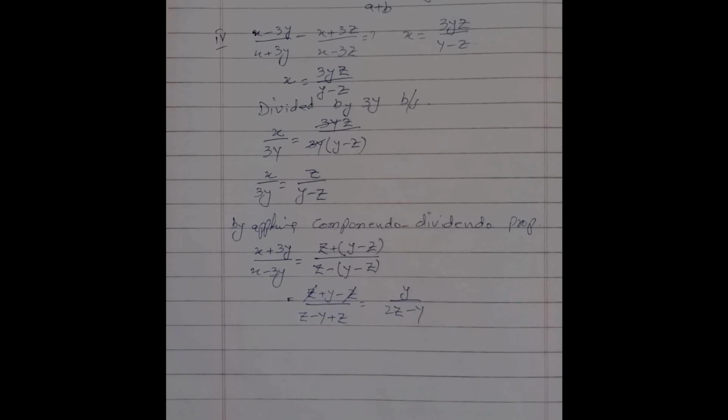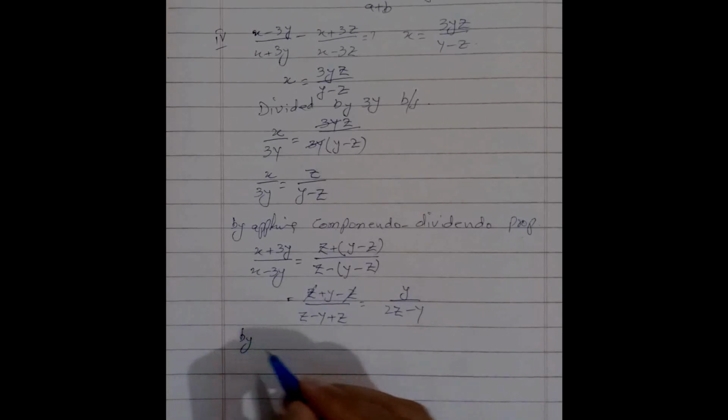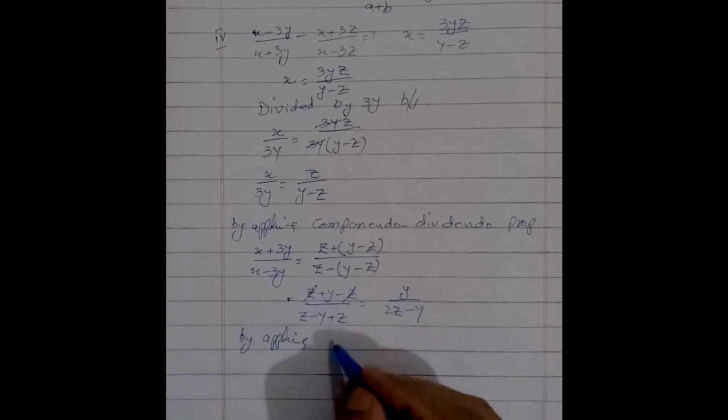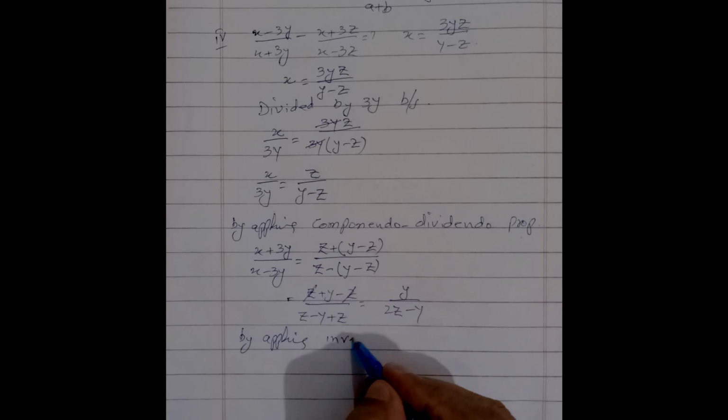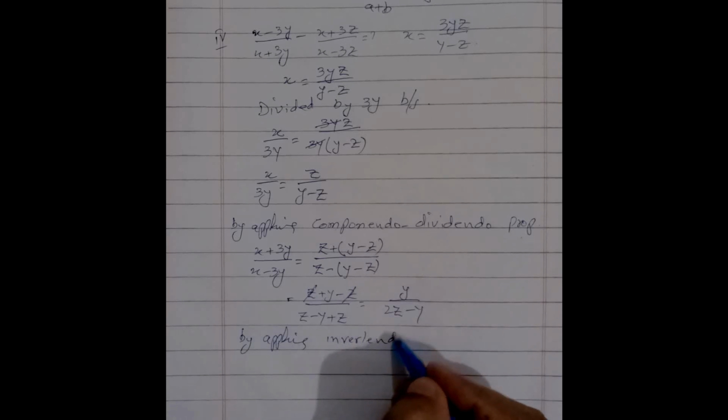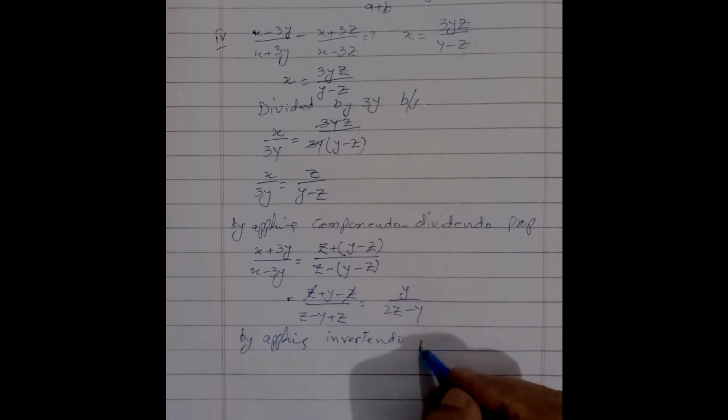Here we require x minus 3y as a numerator, so we convert it by applying the invertendo property.